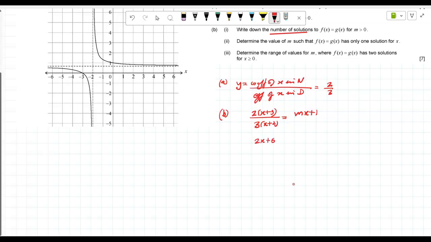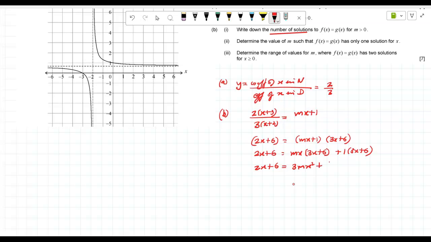So 2x plus 3 is equal to (mx plus 1) times (3x plus 2), cross multiply. So 2x plus 3 is equal to 3mx squared plus 2mx plus 3x plus 2.